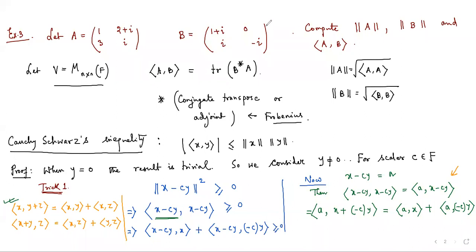Why? Because you can resubstitute a as x minus cy, and here you can resubstitute a as x minus cy minus cy, like this. So we can write it in the following manner. I hope you have understood.